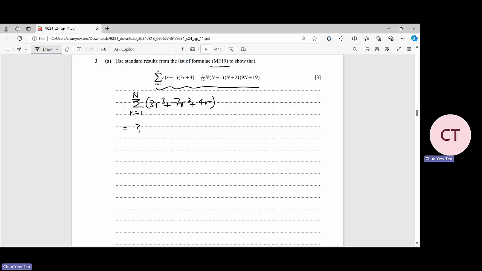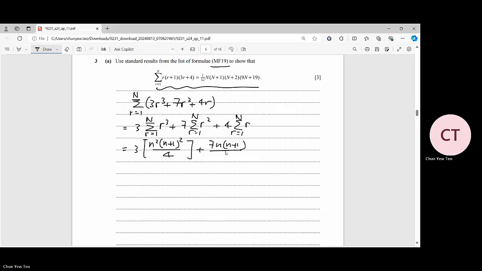Okay, so if you separate them one by one, this is the r cubed, this is the r squared, this is the r. So according to the formula booklet, MF19, this formula is N squared (N plus 1) squared over 4. This one is 7N(N plus 1)(2N plus 1) over 6. This one is 4 multiplied by N(N plus 1) over 2.